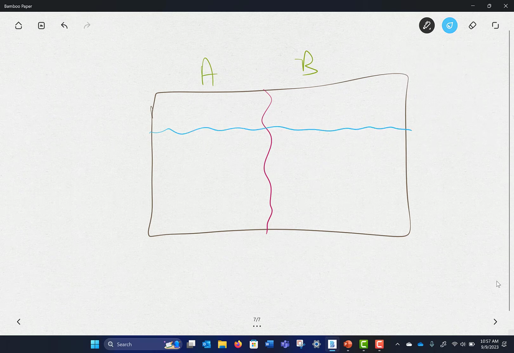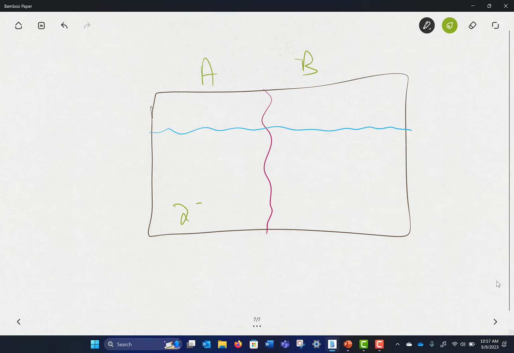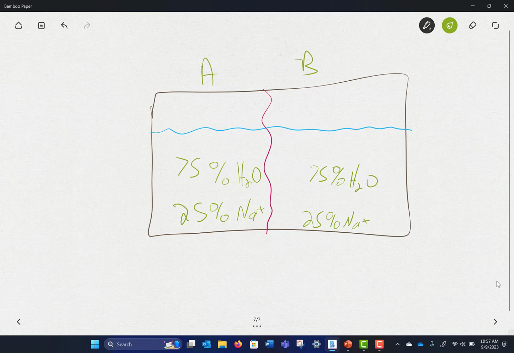But now enough time has passed to where, let's just say we have 25% sodium, which leaves 75% water. They are now isotonic to each other. A is not isotonic, B is not isotonic. They are isotonic to each other.